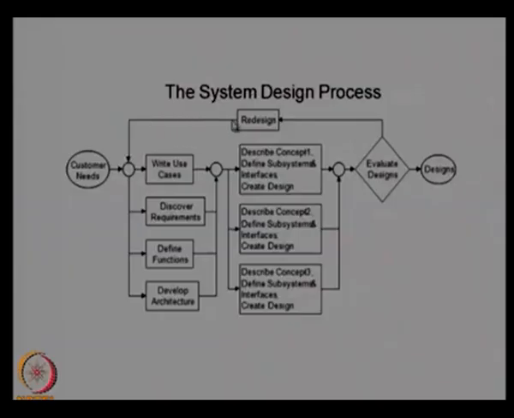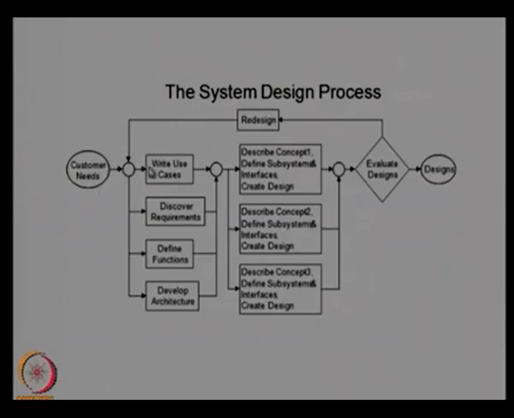So this shows the flow chart for the design process. Here you identify the customer needs and then parallelly do the use cases, discover requirements, define functions and develop architecture. We will be going through all these stages at a later stage, the details of how we identify the use cases, how we discover the requirements, how we define functions, and how we develop architecture. All these things will be discussed in detail.